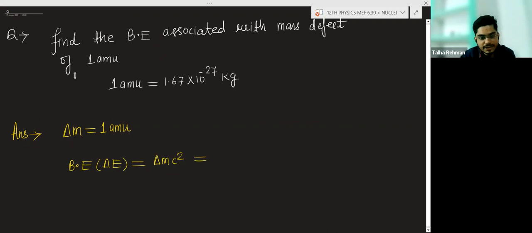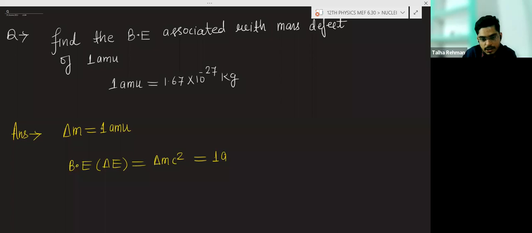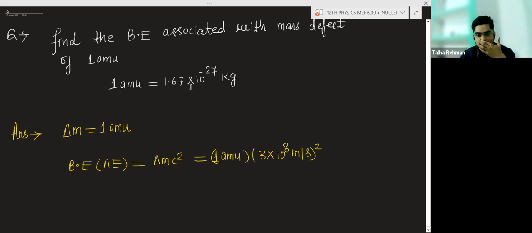So what is the value of delta M? 1 AMU. So 1 AMU into C square. C is 3 into 10 to the power 8 meters per second, squared. And 1 AMU is given as 1.67 into 10 to the power minus 27 kg.